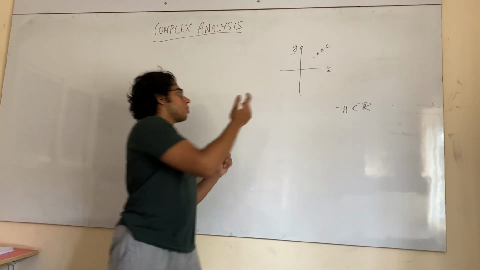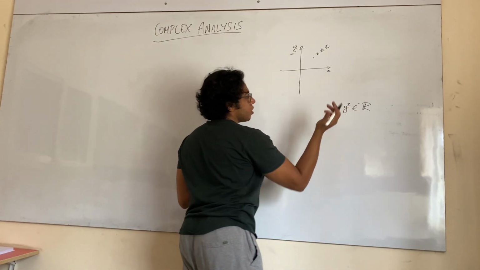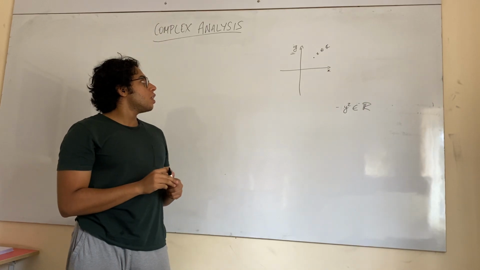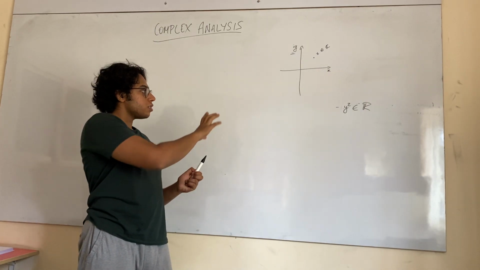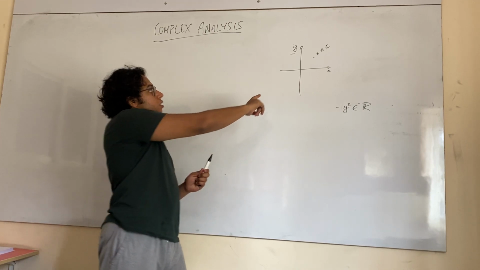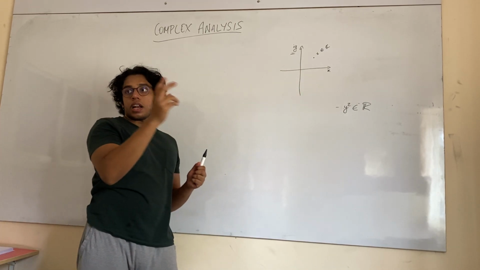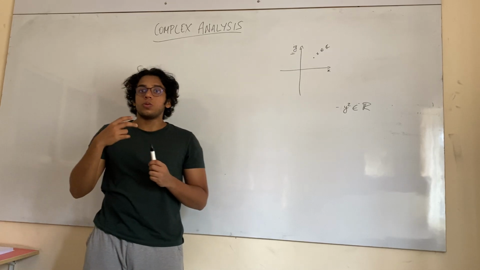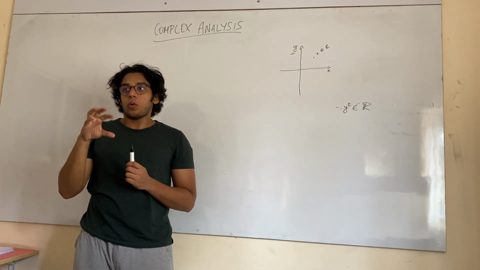So this flipping of signs and this orthogonality are the most important tools that we have to understand what complex numbers are.